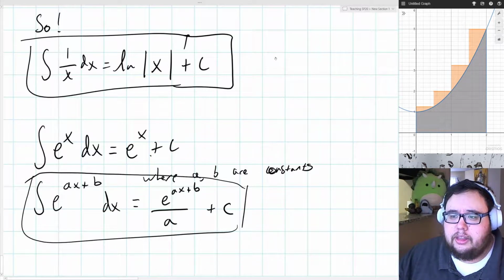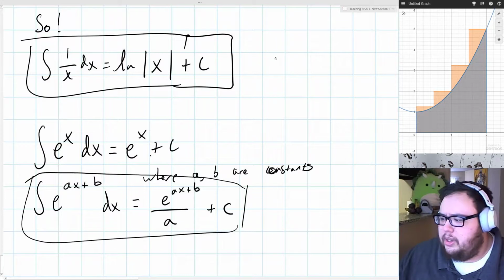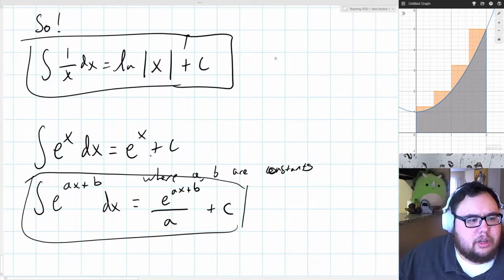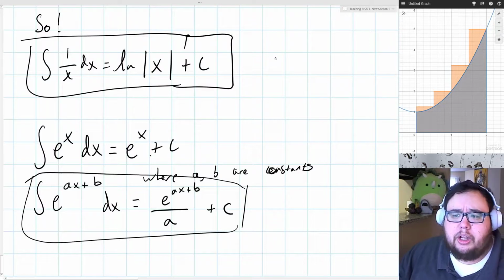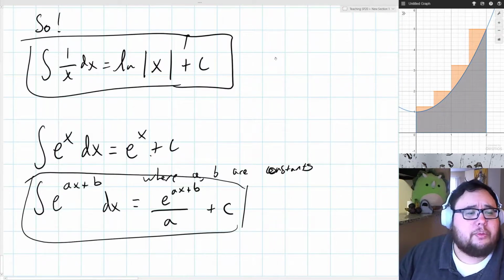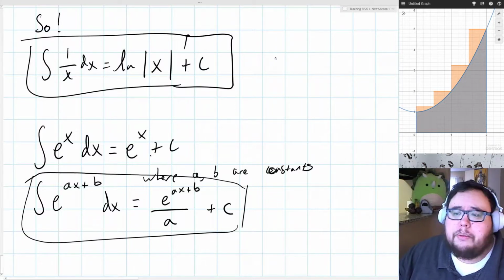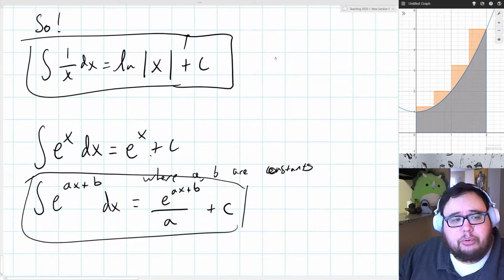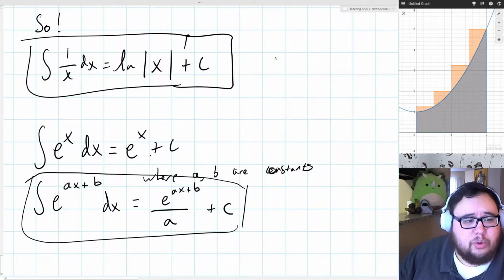And that's about all that we're going to get for antiderivative properties for this class, actually. This basically lets you take care of all polynomial functions, exponential functions, and logarithmic functions, as well as radicals and stuff. One of the big problems with integration, one of the things that makes it a lot harder than differentiation, is that there is no product rule, quotient rule, or chain rule.